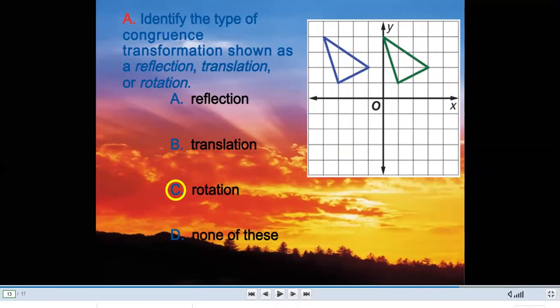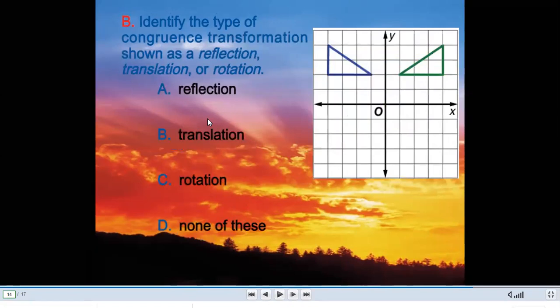In this one, it will be a rotation. No, I think it's a translation. Yes, translation. So this one is a translation, not rotation.